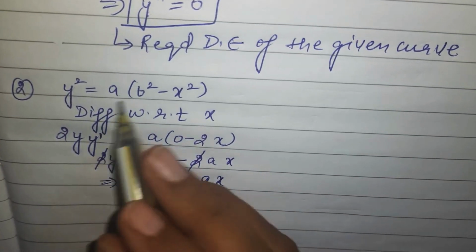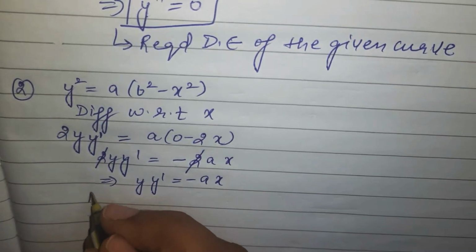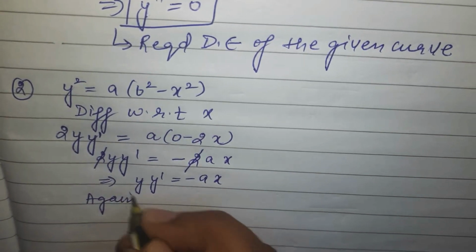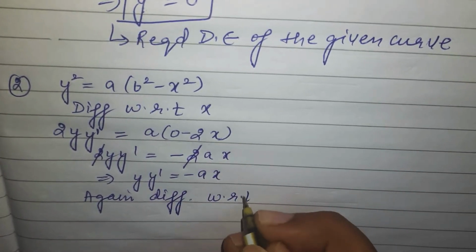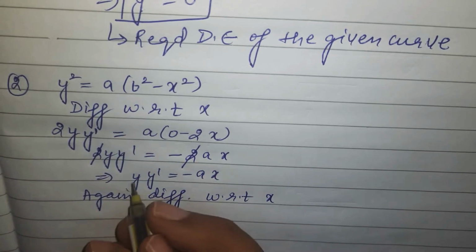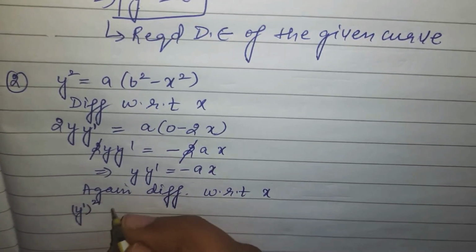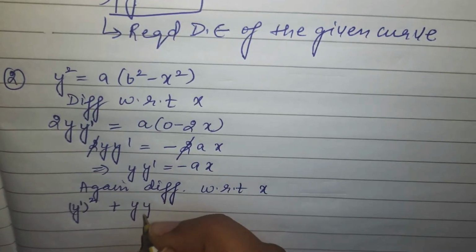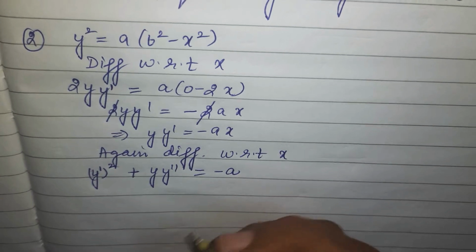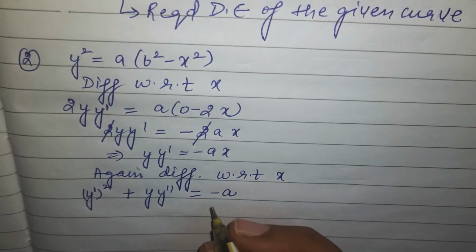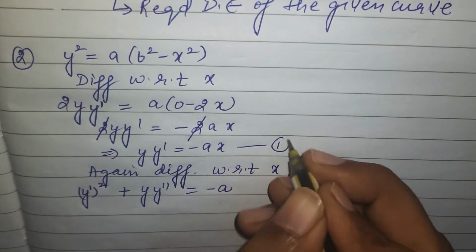We have two constants, so I'm saying differentiate again. Again differentiate with respect to x. So apply the product rule: y dash square plus y, y double dash, and this is minus a. Now here the value of minus a is this. Mark it as 1.